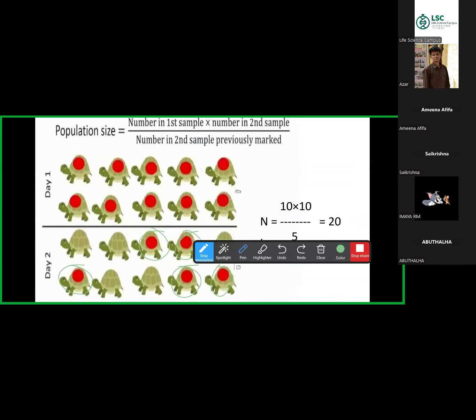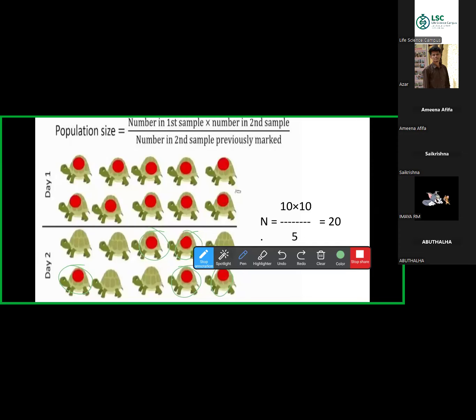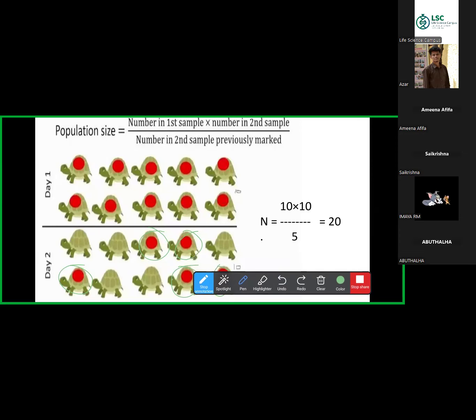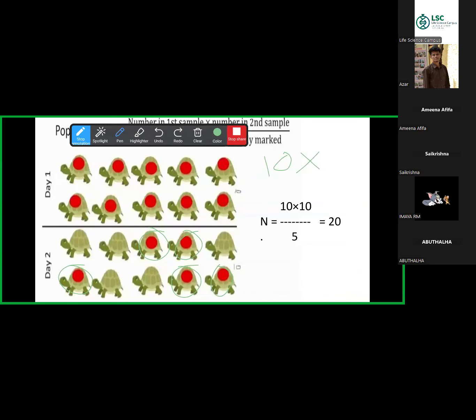So our equation is number of individuals in the first capture into number of individuals in the second capture divided by number of recaptures. So we can see that in this example, number of individuals in the first capture is 10, into number of individuals in the second capture, which is also 10, and number of individuals recaptured is 5. 1, 2, 3, 4, 5.